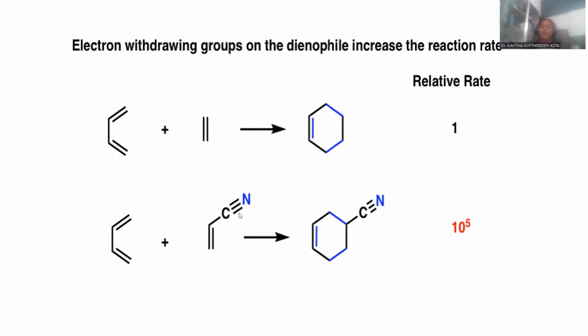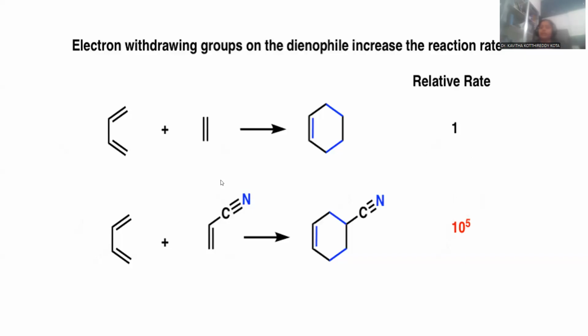Let me introduce a nitrile over this dienophile, where the electron withdrawing nature increases the electron deficiency over the olefinic double bond. Whenever the deficiency is more, there is more susceptibility for reaction with the diene, giving rise to a cyclohexene nitrile, whose relative rate will be 10 to the power 5, exponentially raised. There is an extreme change in the rate of the reaction.